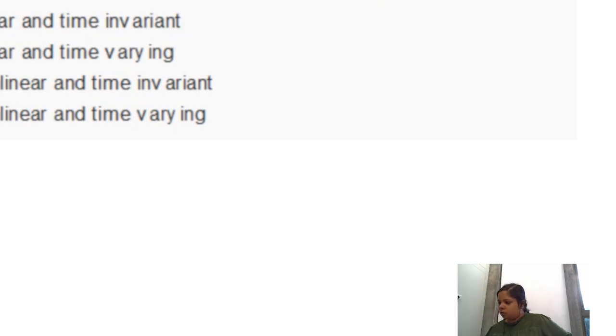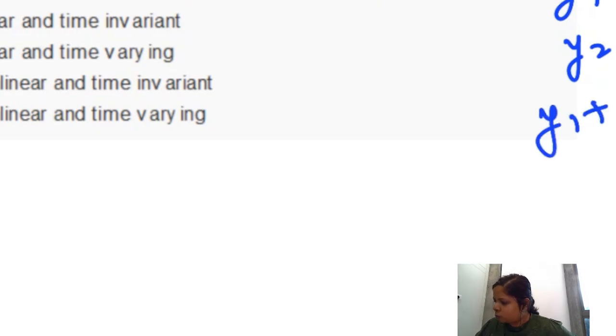If y1 is t into u1(t) and y2 is t into u2(t), then y1 plus y2 is t u1 plus t u2, which is essentially t of (u1 plus u2).